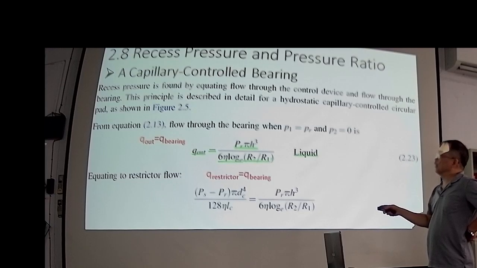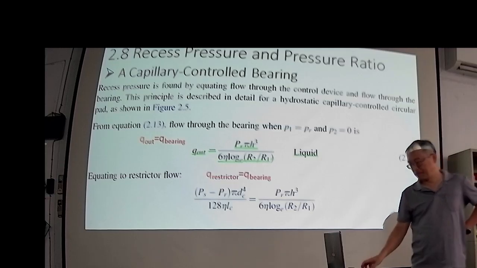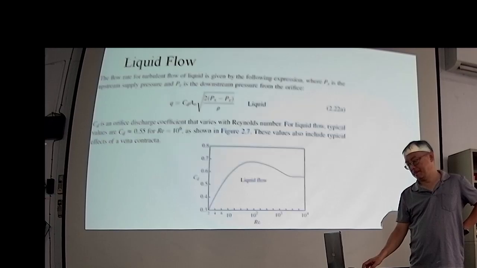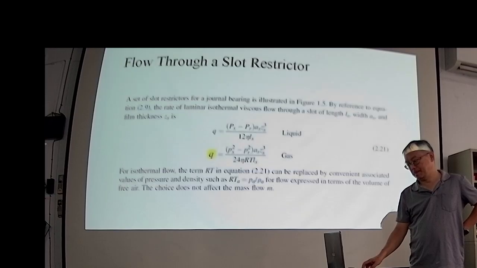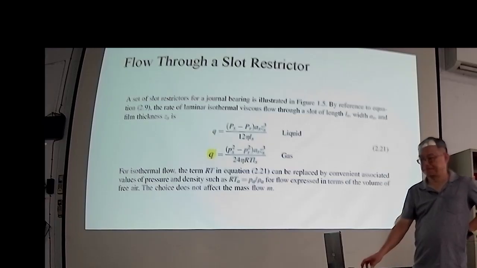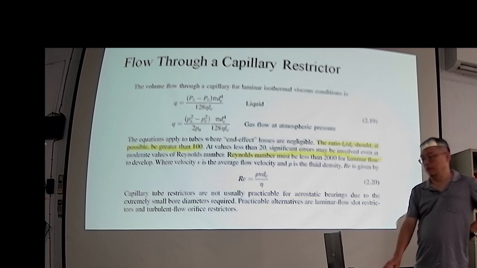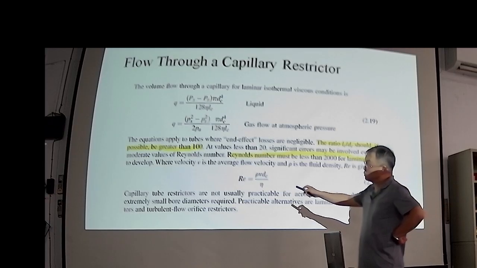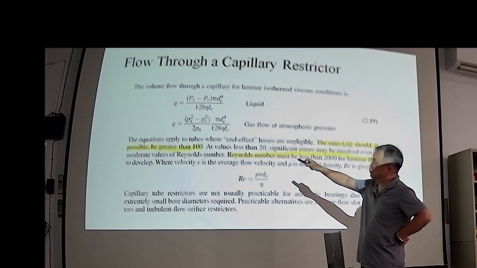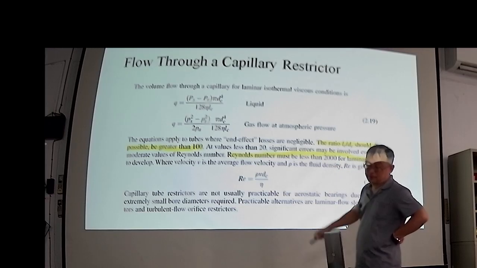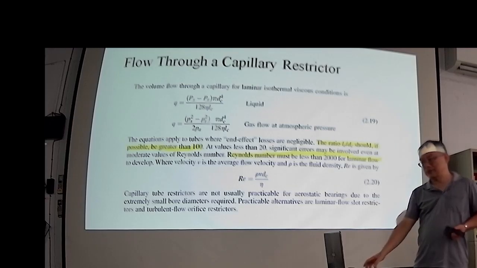When you calculate the volume flow rate for the capillary restrictor or for the orifice restrictor, you always need to calculate the recess pressure, PR.